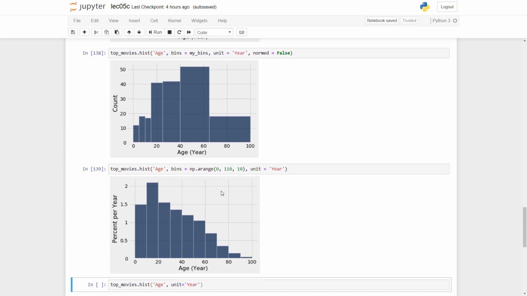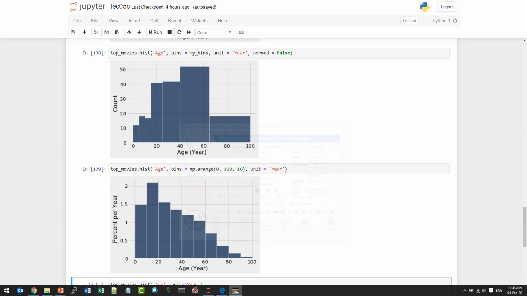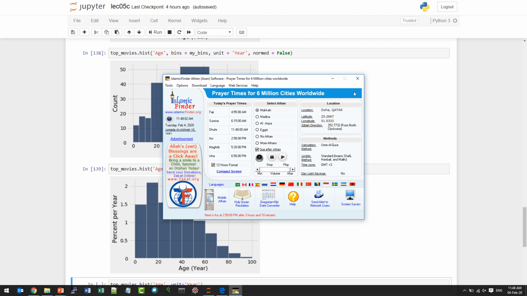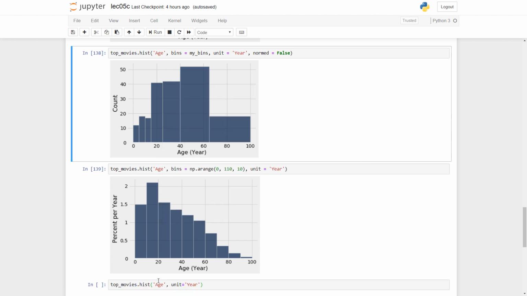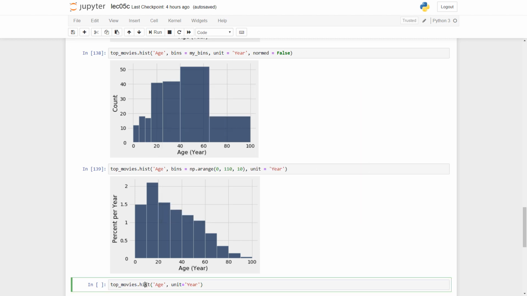If we didn't give the bins, so you see here we gave the bins array, right? So we define the bins. Here, if we excluded the bins, by default the data science package, the method hist, will assume 10 bins of equal size based on the range of the values.